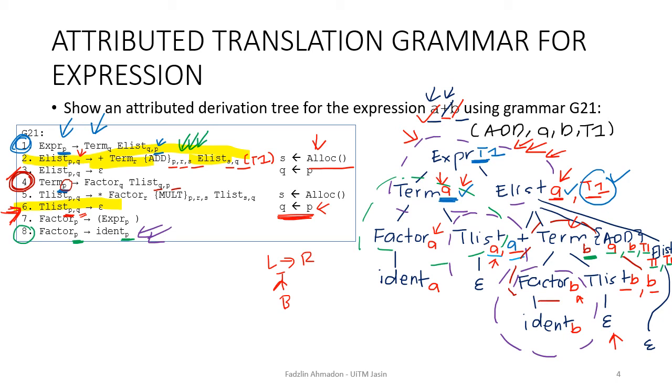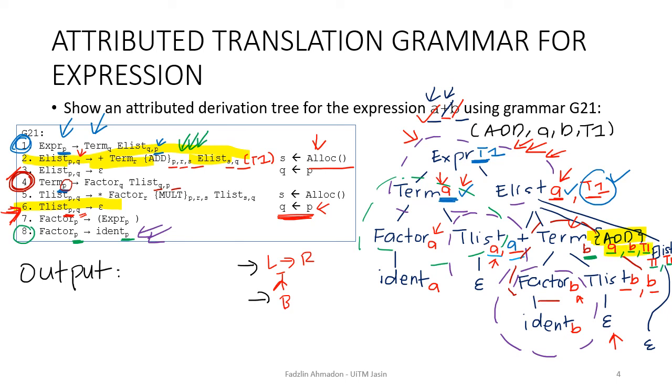To get the output, what we will do is to list out the action symbols only, or the atoms only, and we read it from left to right, bottom to top. But since our tree only has 1 atom, it's going to be easy, and the atom is add, and the attributes of add is this.